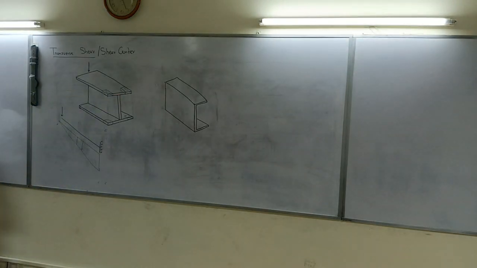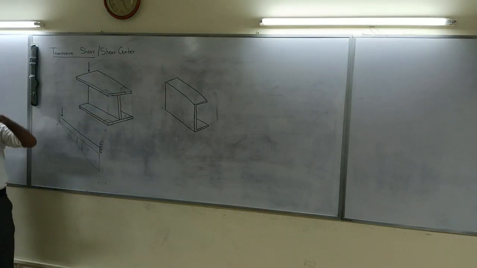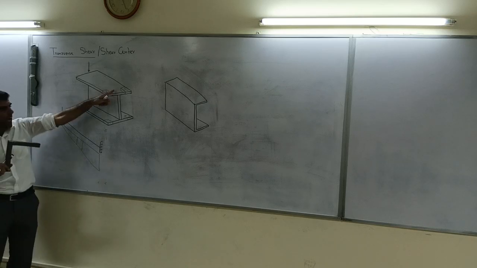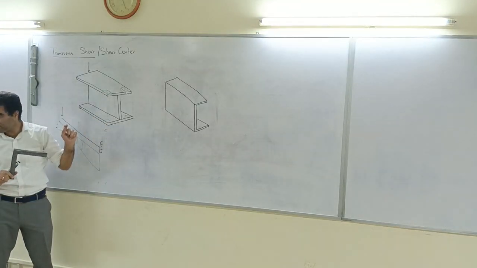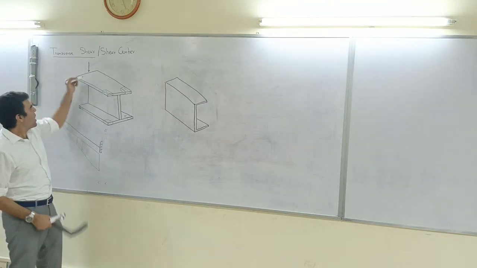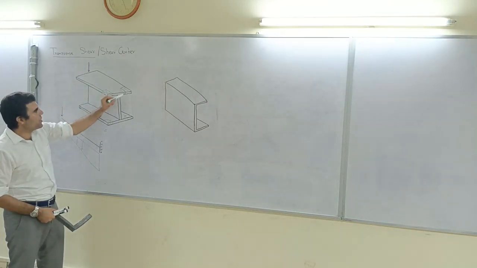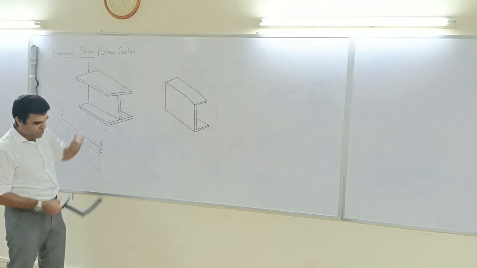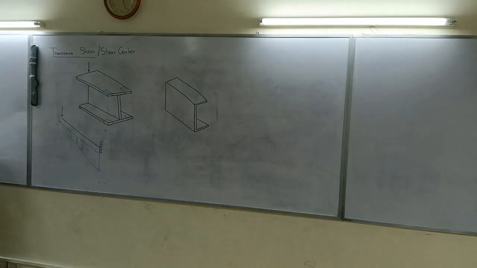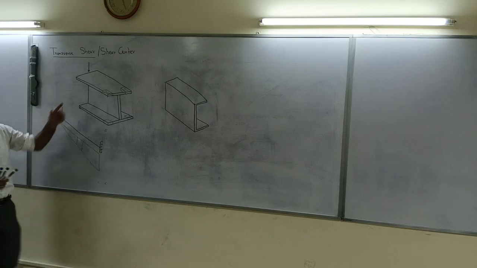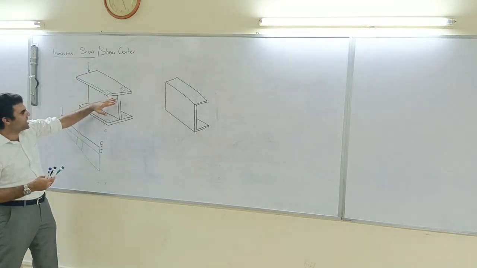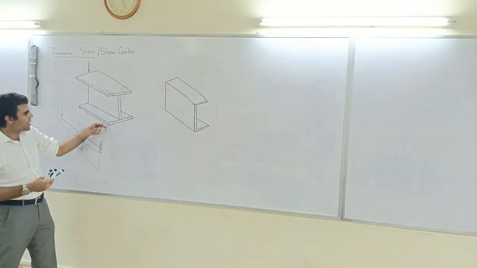Okay, so this is just like I'm putting it like this. This one is in tension, and this one is in compression. So what will happen? Should I put my force? So this is in tension, this is in compression.